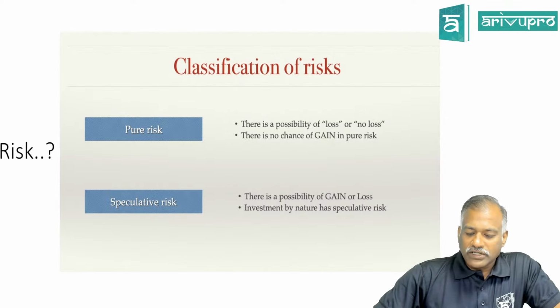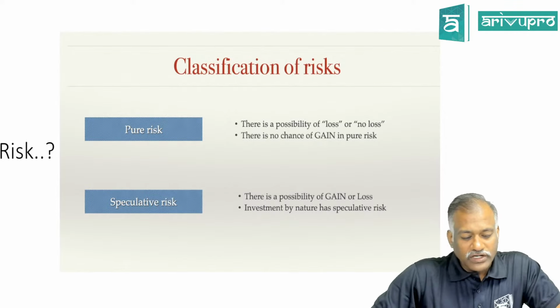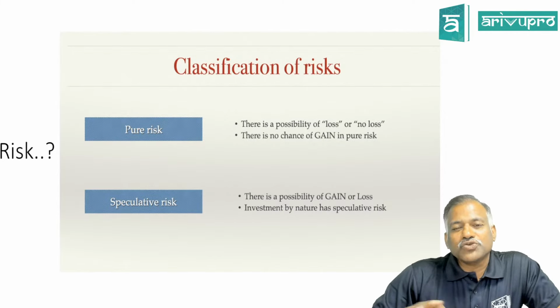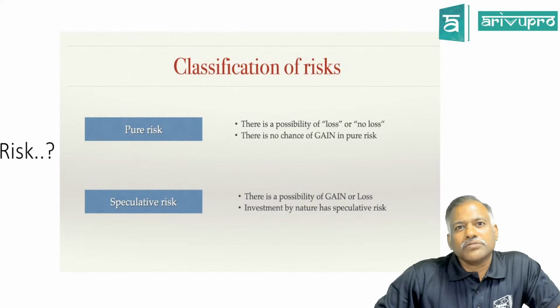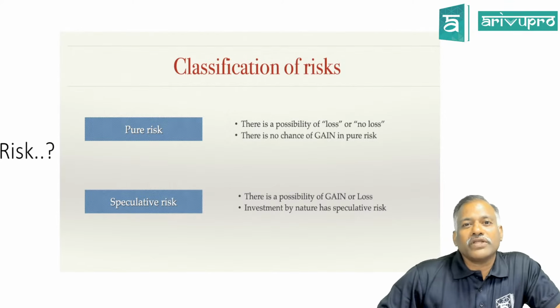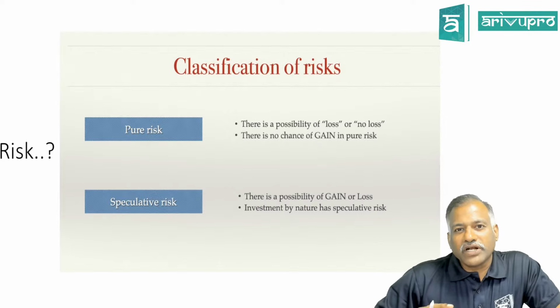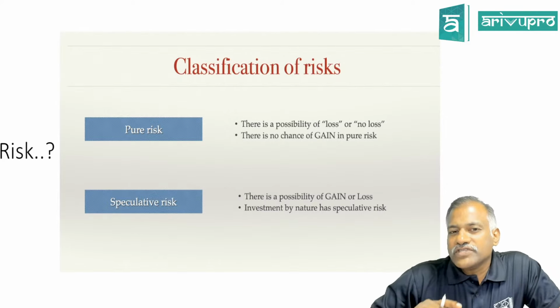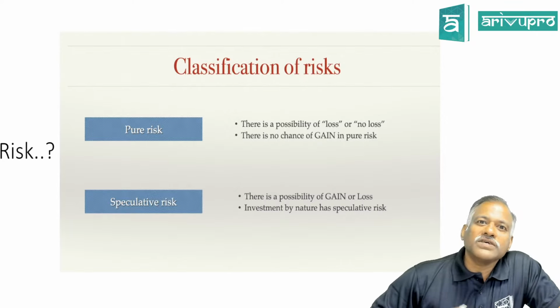So we looked at risks, when we looked at pure risk. Here, just to remind you, typically people look at risks as uncertainty. Risk is something where there can be a loss possibility. But when we talk about insurance and risk management, we are talking of something called a pure risk. Now, how does it differ?